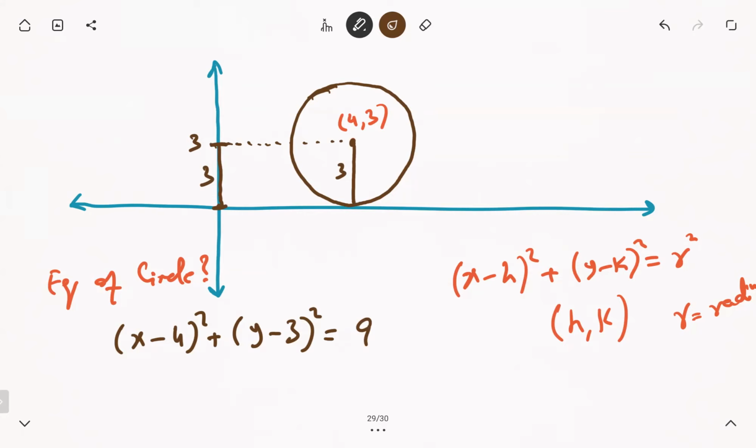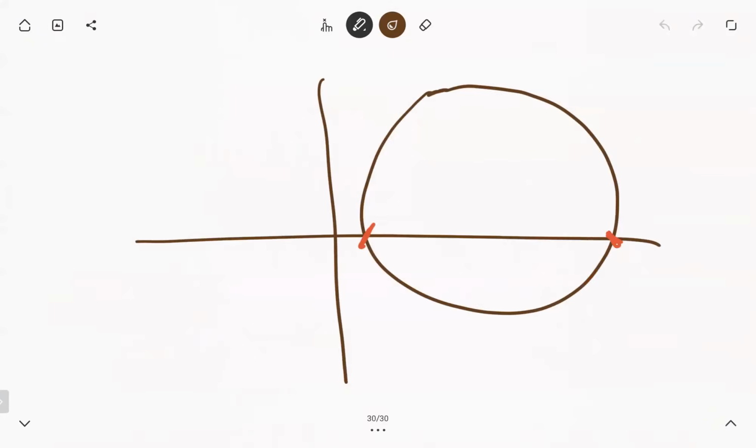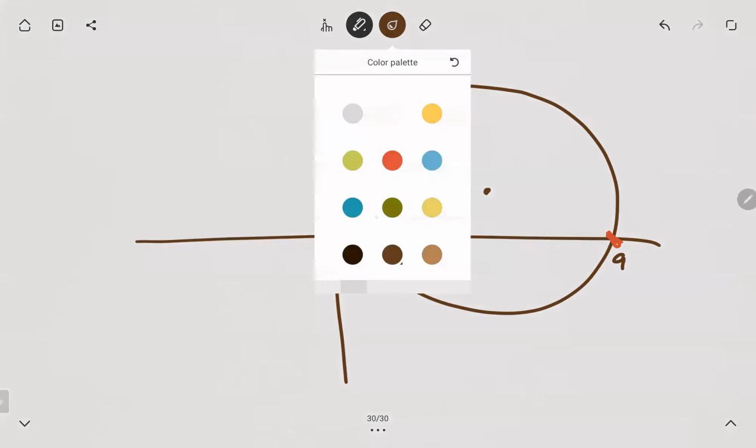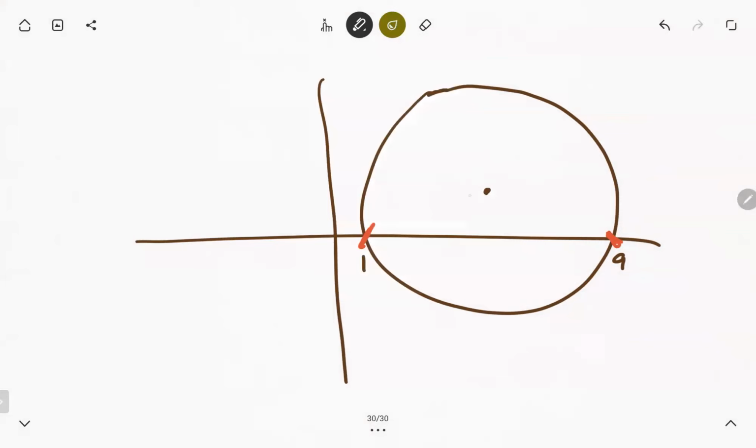One more case. See here, the circle I had drawn. If I tell you that its x coordinate is 1 here and here it is 9. We don't know the coordinates of the center. And further information we have is the y coordinate of the center of the circle is 2.